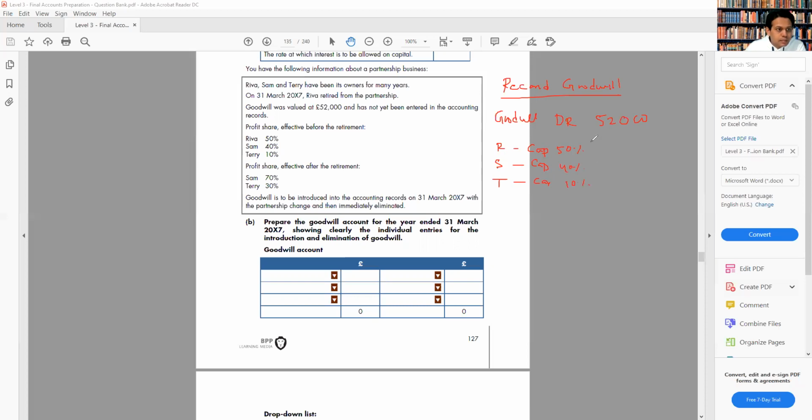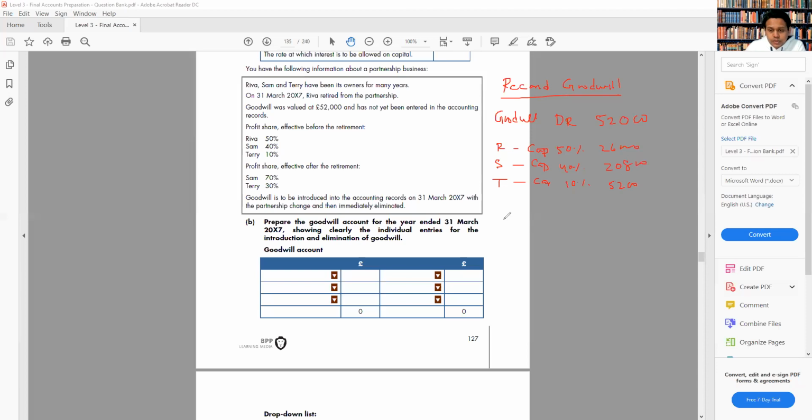That will be 26,000 for Riva, then for Sam 20,800 and Terry 5,200. That's the recording, and after that the question said to eliminate immediately.